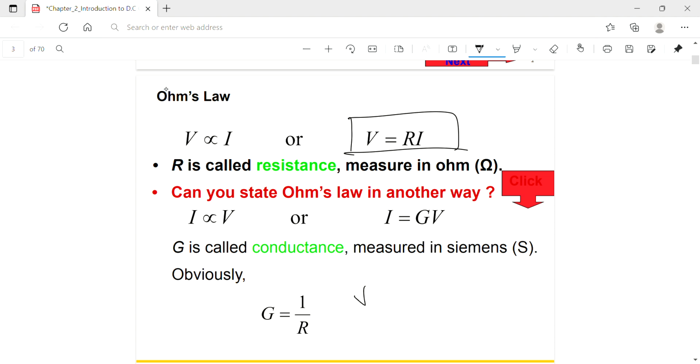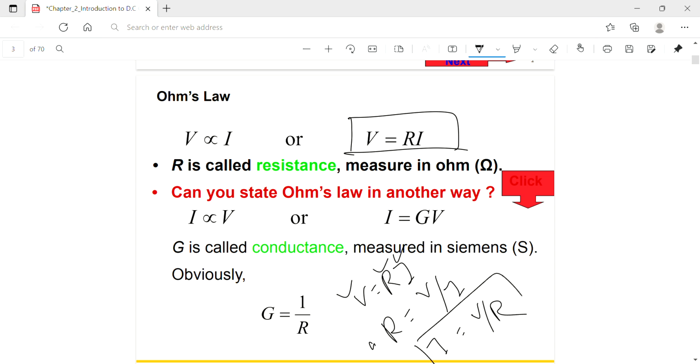Using V equals Ri, we can calculate the voltage, current and the resistance: R equals V by I and I equals V by R. These are very easy. The unit of resistance is ohm, and the reciprocal of resistance is conductance, which is denoted by G.